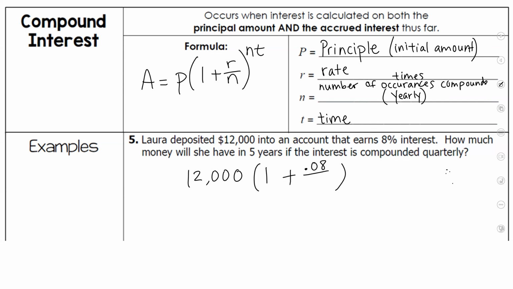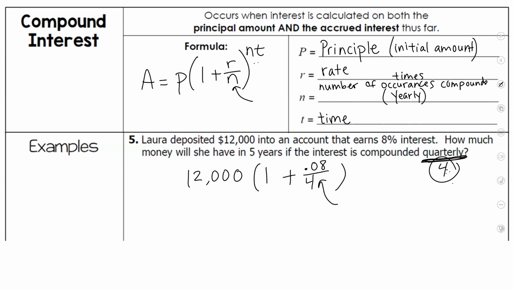Now let's talk about the N. You have to put an N value right here. It says, how much money will she have in 5 years if the interest is compounded quarterly? How many quarters are in a year? 4. So that's what it means by the number of times it's going to be compounded. It'll be compounded 4 times in the year.